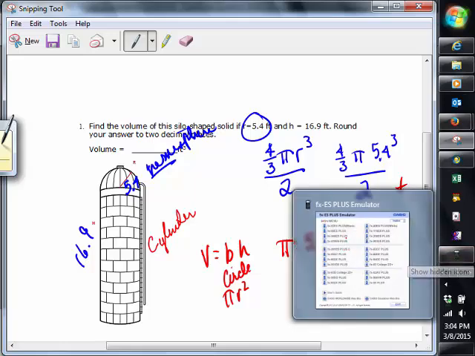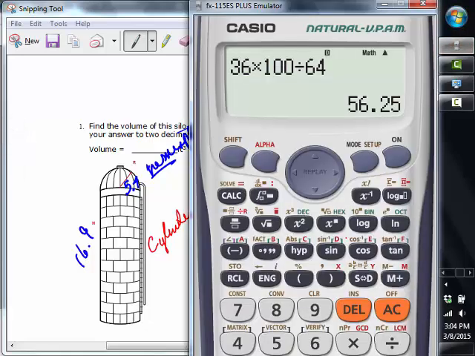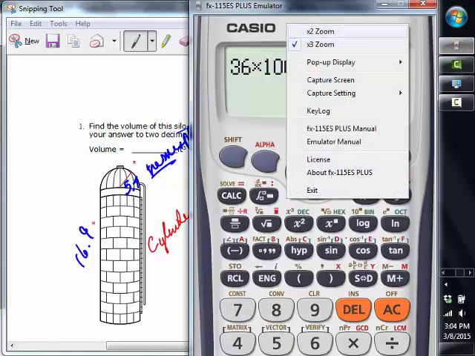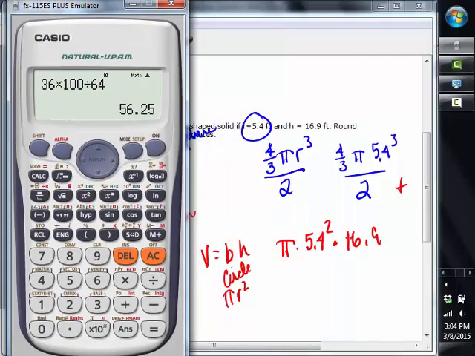Let's take out our calculator and let's calculate it. Oops, I gotta get the smaller calculator. There we go. Okay, so we're going to add those two together.